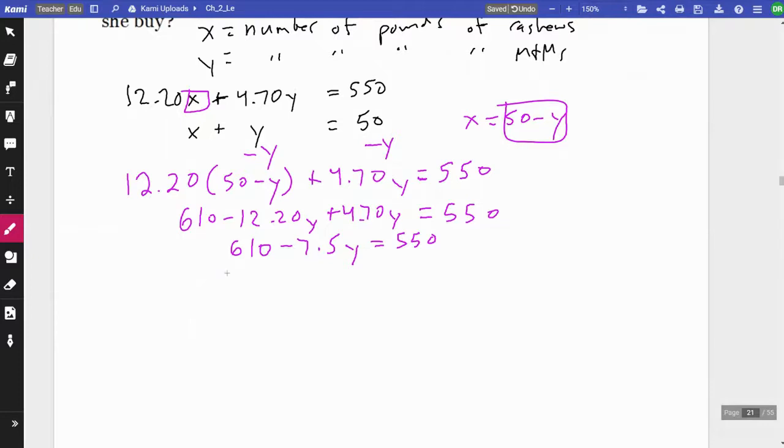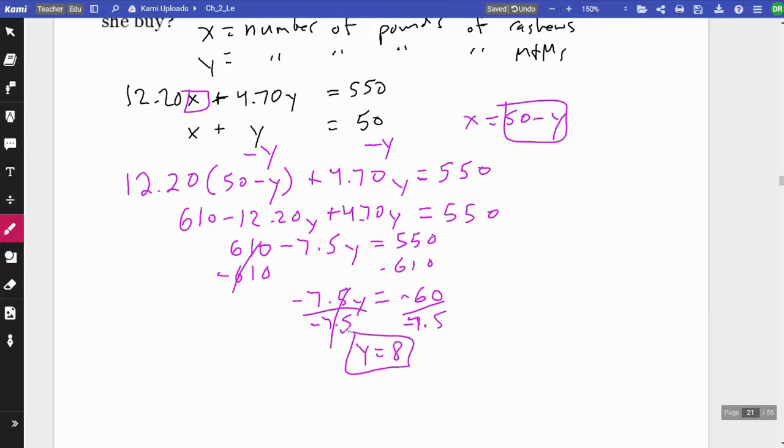Solve for Y. Negative 7.5Y equals negative 60. And we get Y equals 8.